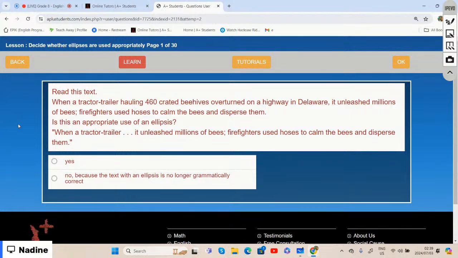Firefighters used hoses to calm the bees and disperse them. Is it an appropriate use of an ellipsis? We need to say yes, or if we say no, then we must say why. Is it because the ellipsis is no longer grammatically correct?